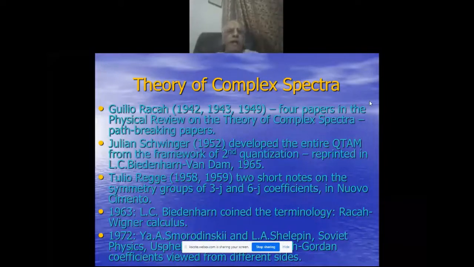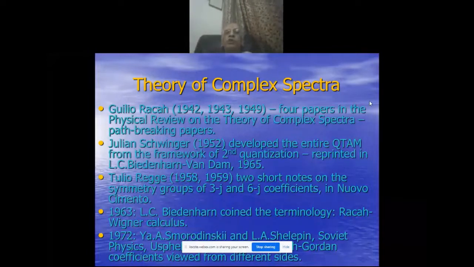Now, the part which I want to pinpoint, which is a small grain in the whole area of complex spectra, is the work done by Giulio Racah, an Israeli mathematical physicist.